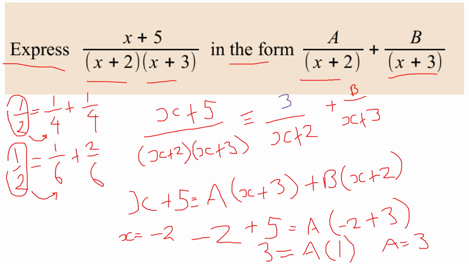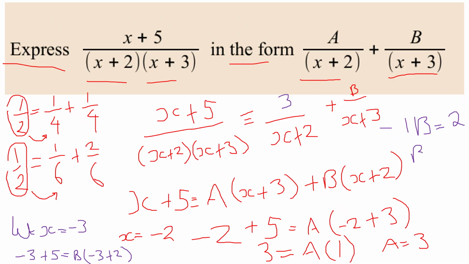And then how do I work out B, guys? Well, now I'm going to let x equal minus 3 to eliminate A and work out B. So we're going to have minus 3 plus 5 is equal to B lots of minus 3 plus 2, and minus 3 plus 2 makes minus 1, so I have minus 1B, or minus B, is equal to minus 3 plus 5, which makes 2.